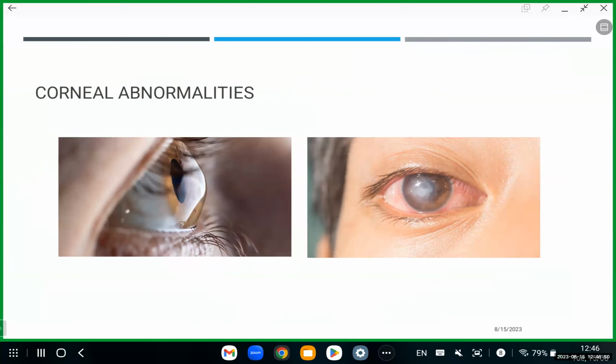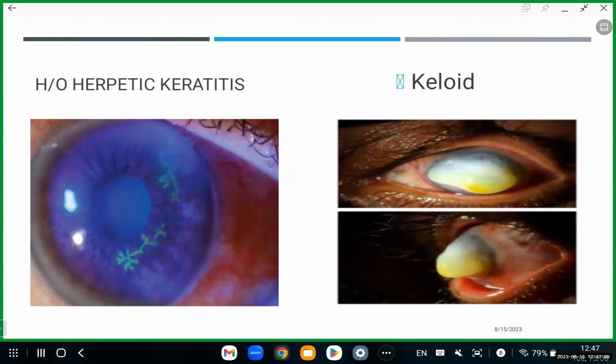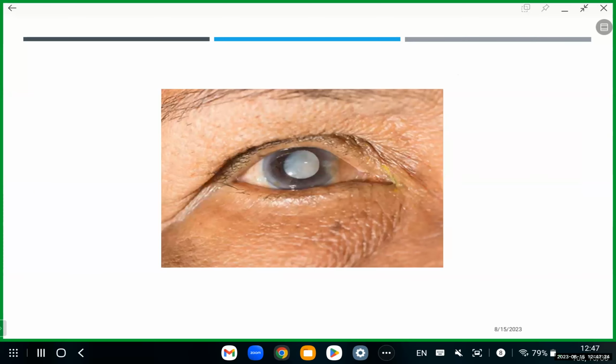There are some absolute contraindications which are generalized for all refractive surgeries, which are the following. Corneal abnormalities such as thinning of cornea, keratoconus, corneal ectasia. Then a history of herpetic keratitis or herpes zoster ophthalmicus, and corneal keloids, which are mostly contraindicated in photorefractive surgery. Then cataractous lenses.